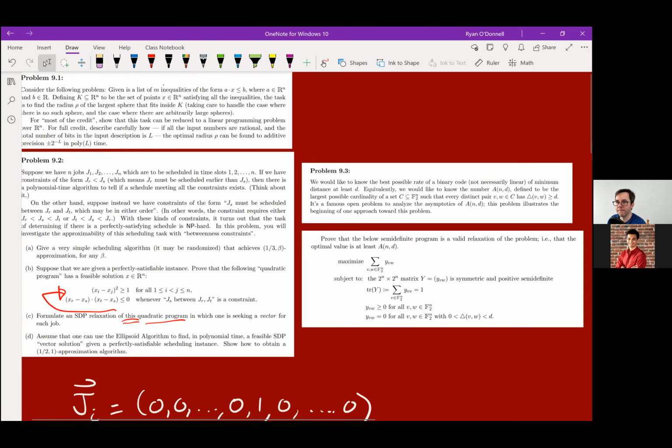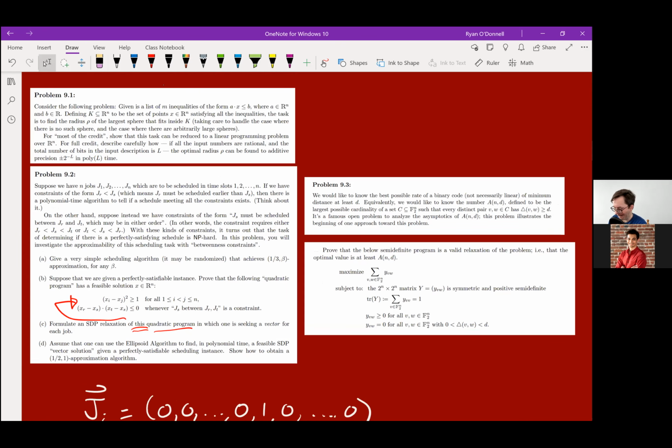The relaxation would be that x_i minus x_j becomes some vector indexed by i and j. Does that seem right? Because it seems somewhat similar to the max cut SDP formulation.